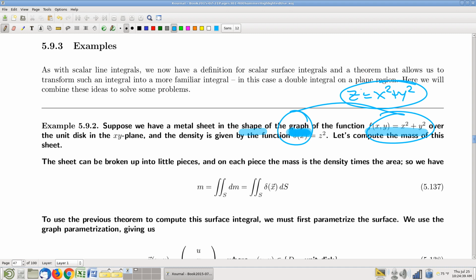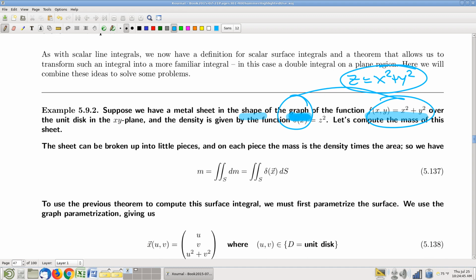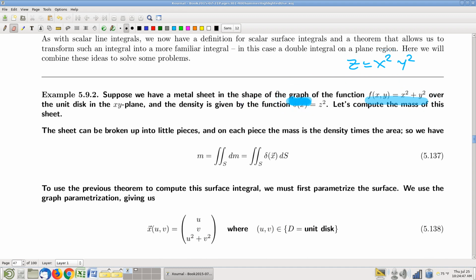graphs? Well, my favorite technique for parameterizing surfaces is graph parameterization. And here it is, right? The graph parameterization technique says take your input variables x and y, and just let those be u and v.